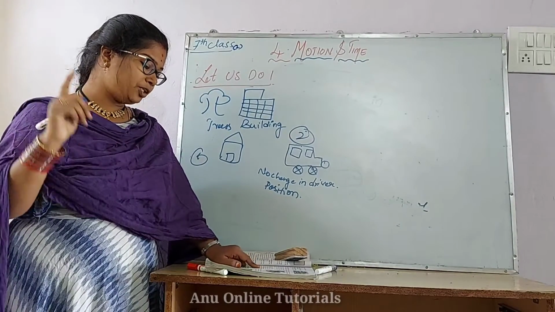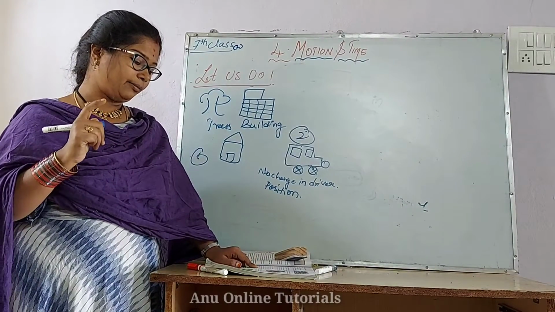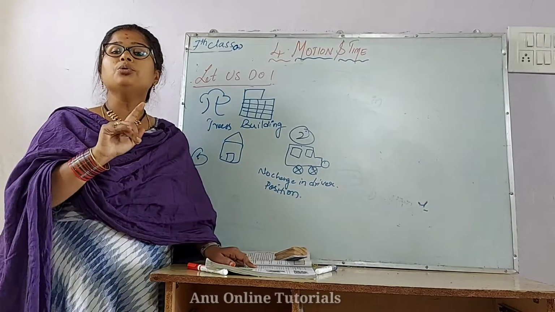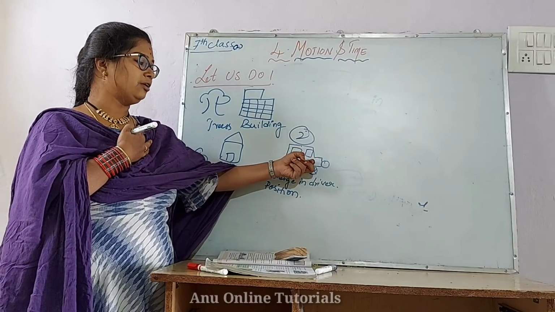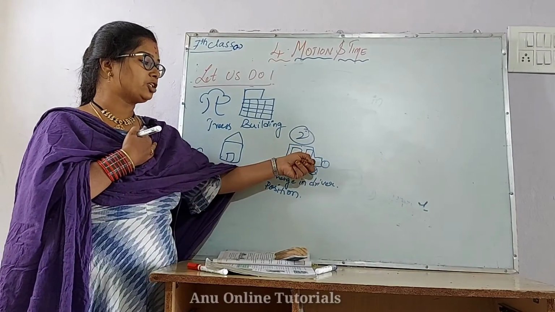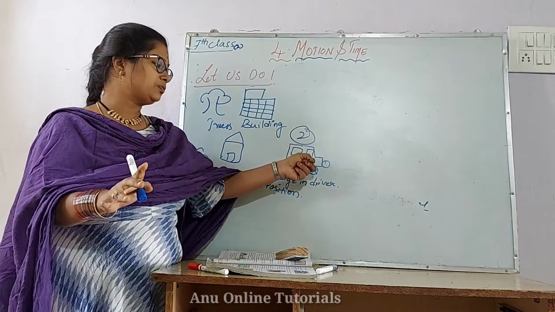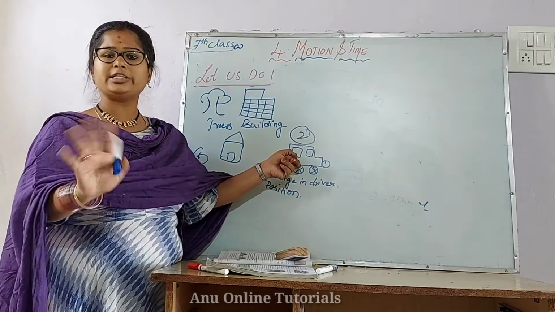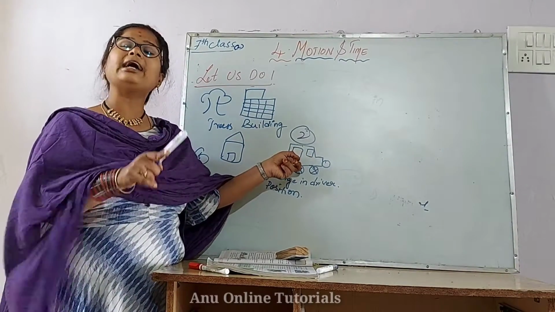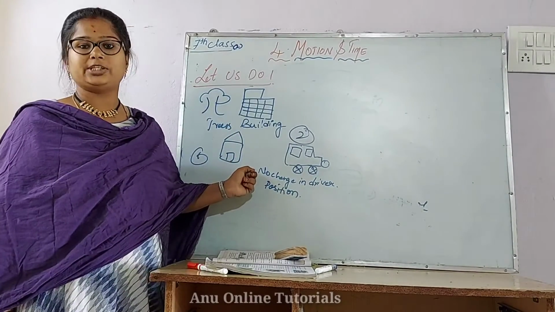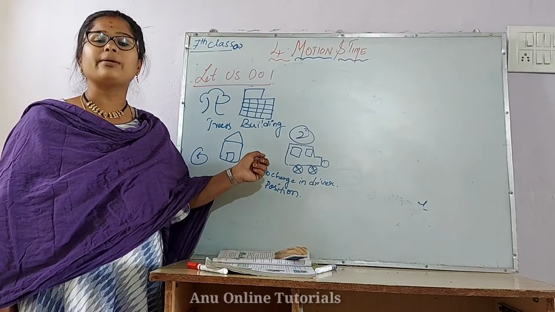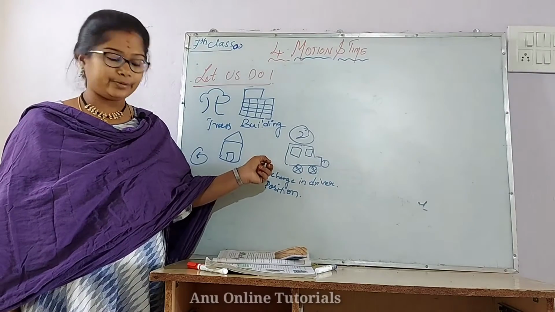However, your position with respect to the driver of the car remains the same. You are sitting here only, the driver is sitting here only. With respect to you, the position of the driver does not change. With respect to the driver, your position does not change. Only as the car is moving, you feel that the surroundings are moving back, changing their positions.